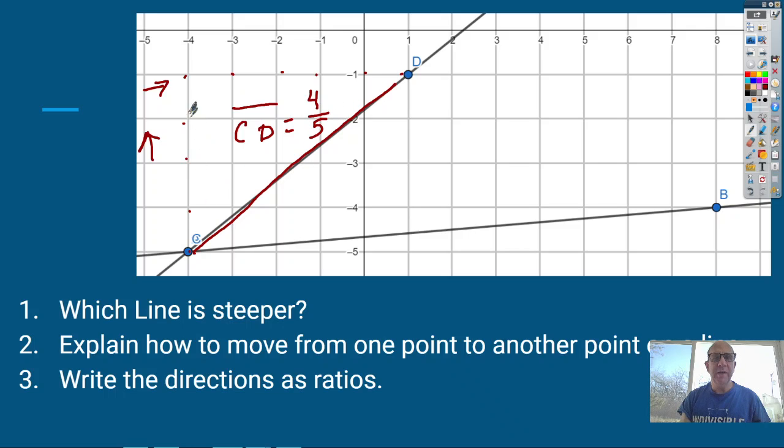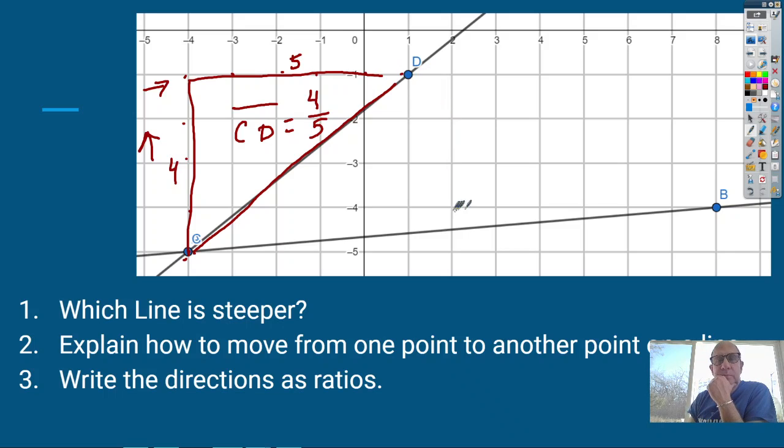So we've got that nice little triangle. 4 up and 5 over. So the slope of this line is, if you start at point C, you go up 4 spots and over 5 spots.